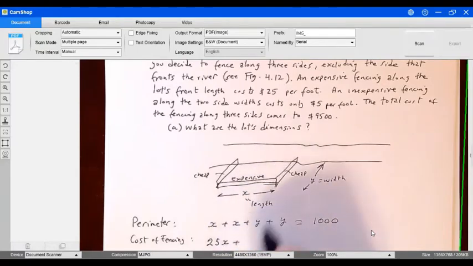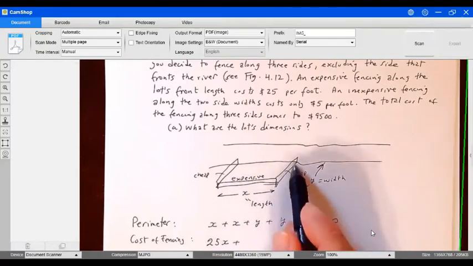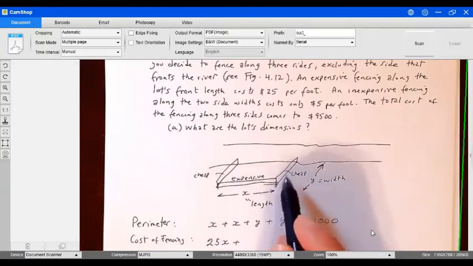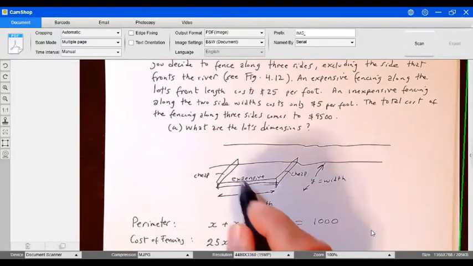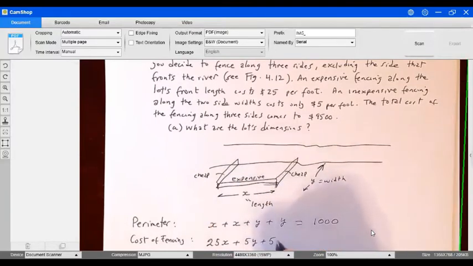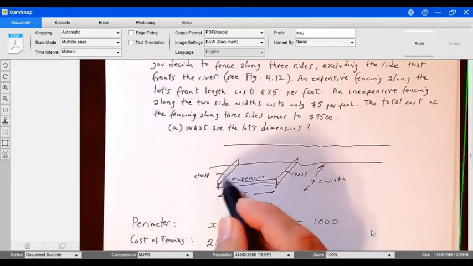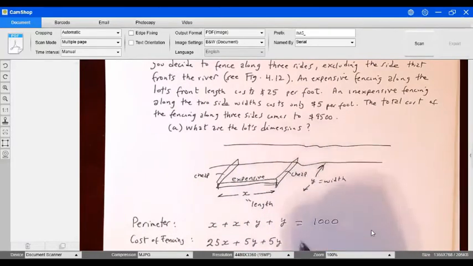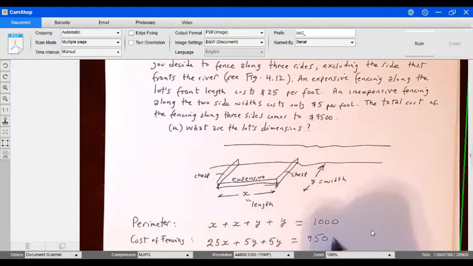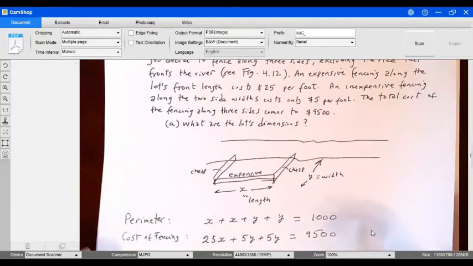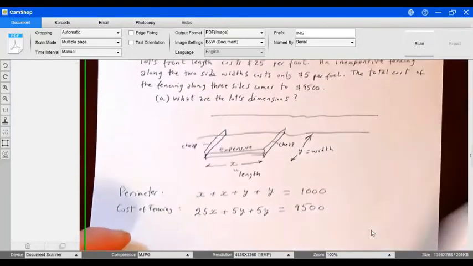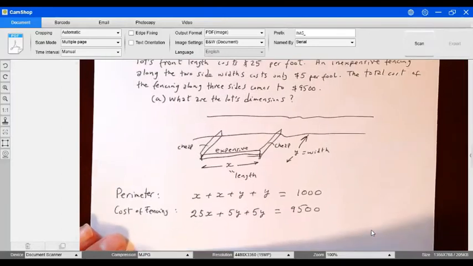Then you need to multiply this distance by the cost of the fence, which is just $5, so 5 times y, and again 5 times y, because you have 2 sides measuring y feet. If you add up all the costs of the fencing, it's going to be $9,500. So I have here the result of translating the word problem into algebraic equations.